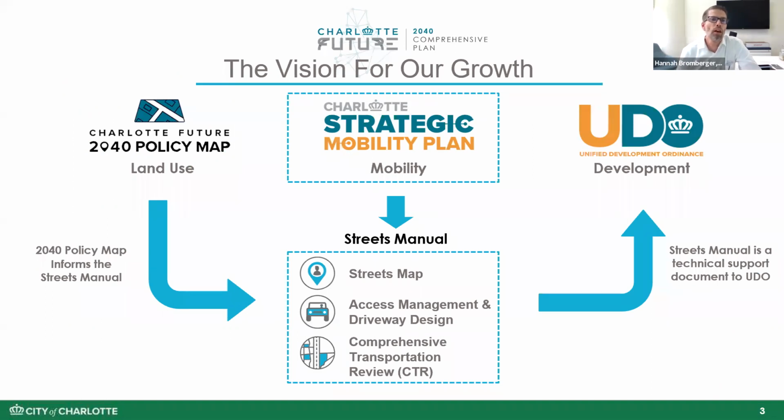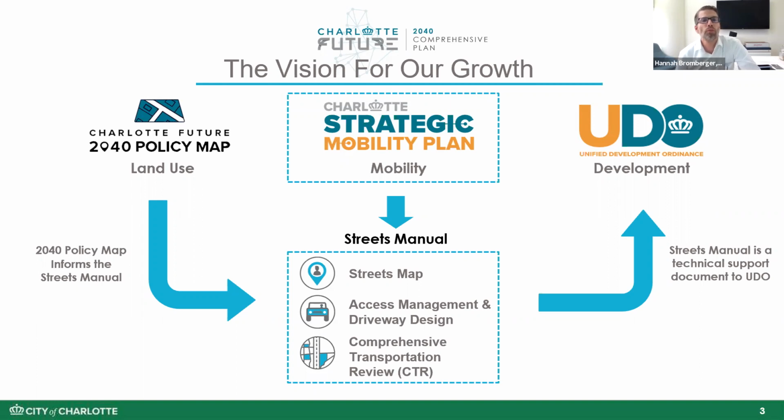As you see on this slide, the 2040 policy map, which was the land use component of the 2040 comprehensive plan, just got adopted this past spring. The Unified Development Ordinance, which is the rules and regulations around how we plan and accommodate growth, is a major initiative that's underway now, with the intent of getting adopted later this summer.